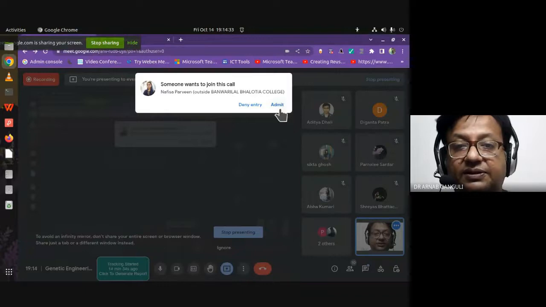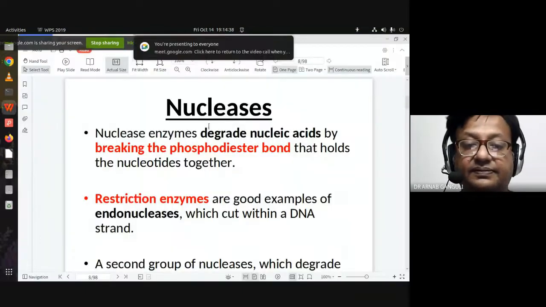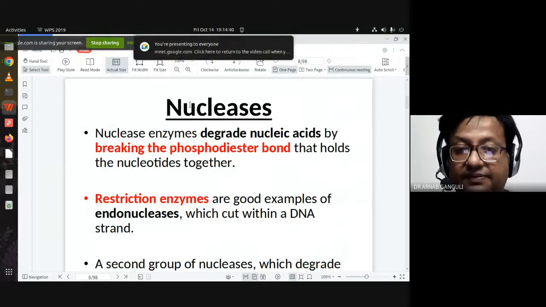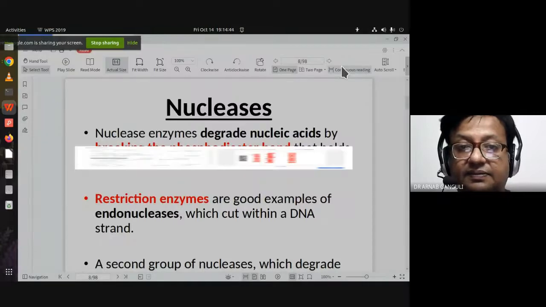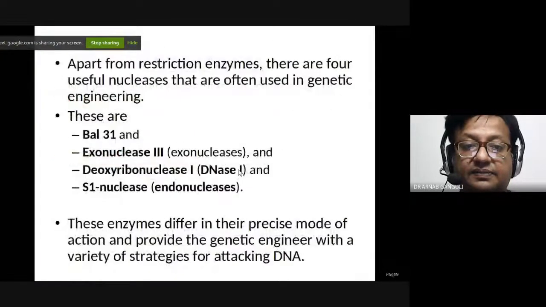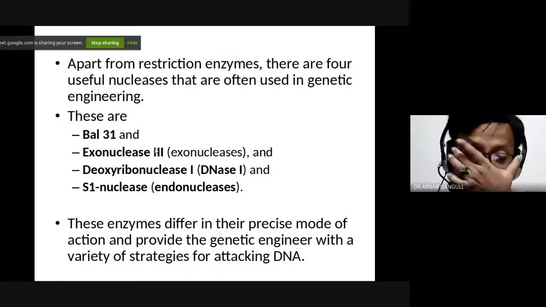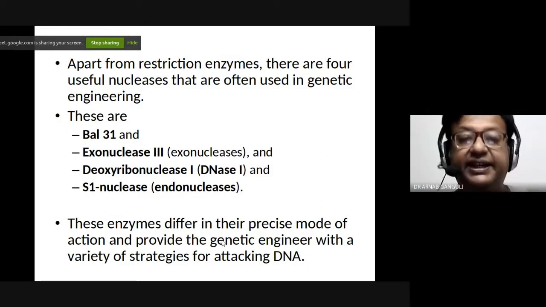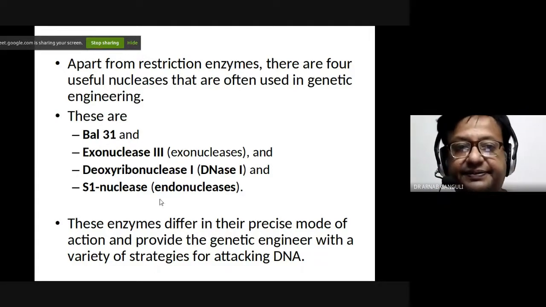So these enzymes differ in their precise mode of action. How they act, they differ.